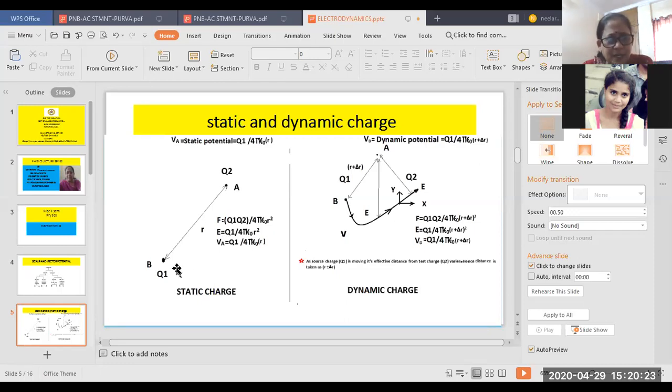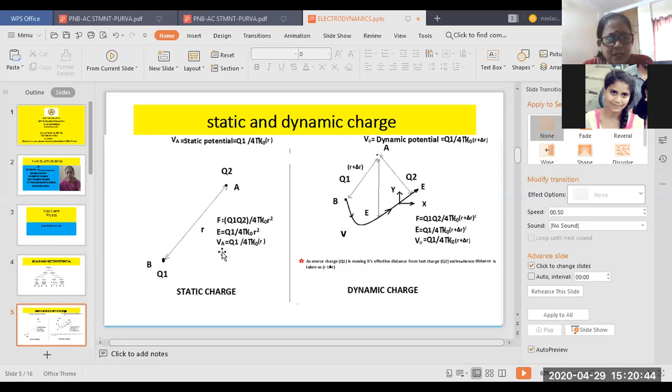So I am keeping the source charge in vacuum, not in a medium. Why does this 1 by 4 pi epsilon naught come here? Because I am writing the equation in SI units. So you have to divide the equation by 4 pi epsilon naught. Otherwise it is simply Q1 by r.